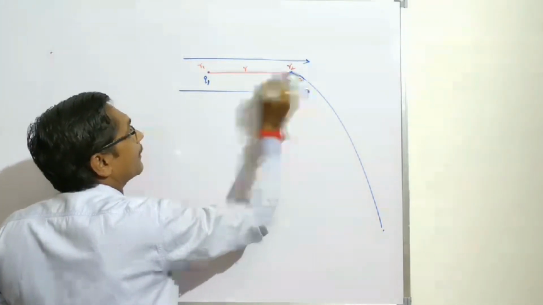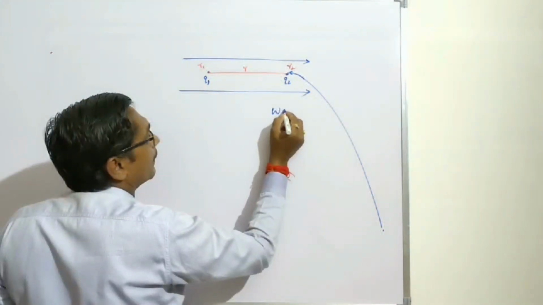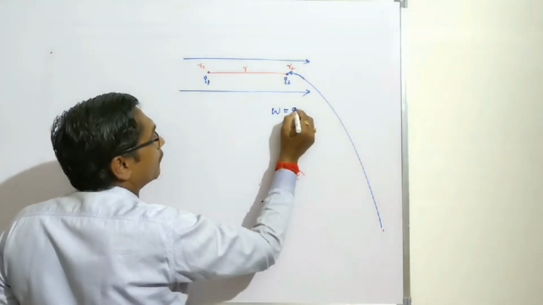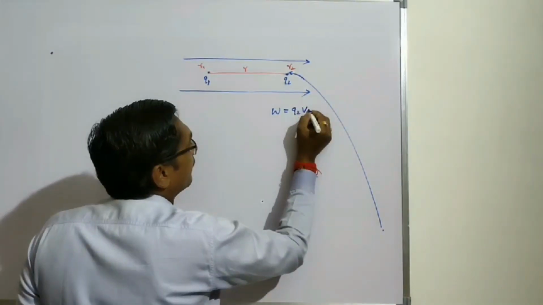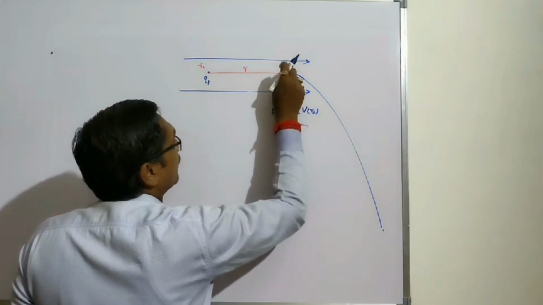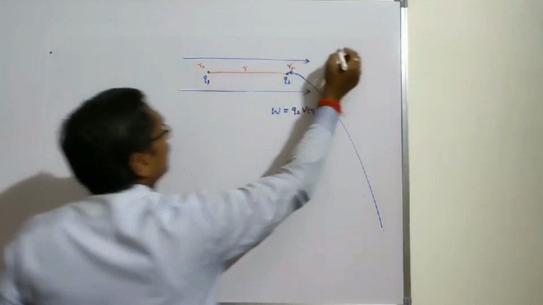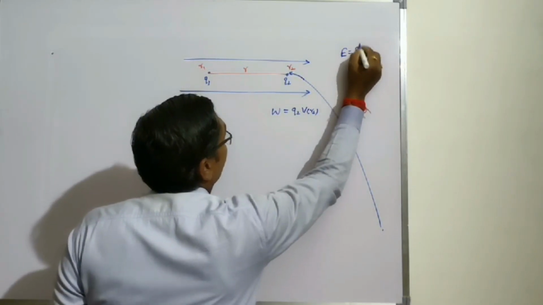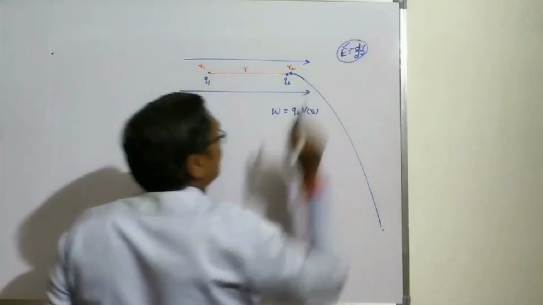Suppose we bring this charge from infinity to a particular point, so we can find the work done W by bringing the test charge Q2 to the potential V(R2) position. Because the electric field is a function of R1, E equals dV by dr. That's why this electric field is also a function of potential R2, right?